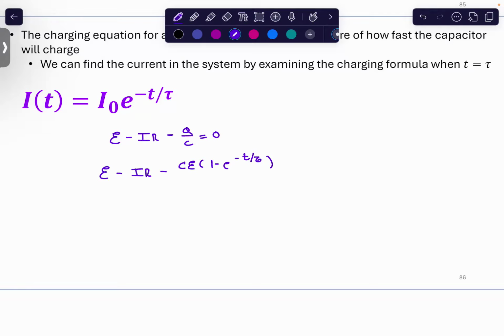That timing constant can give you an idea of how much of the capacitor is charged after a certain amount of time.